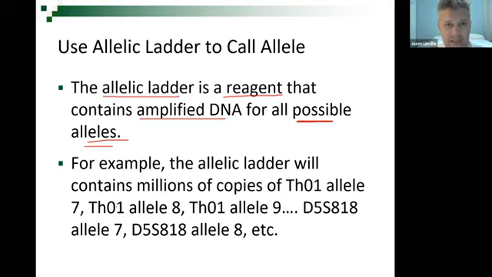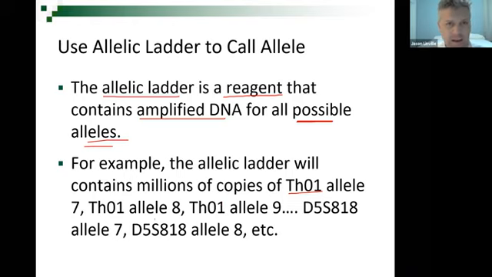So the allelic ladder, depending on how many loci you're looking at, if we were just looking at THO1, may have 8 peaks in it.